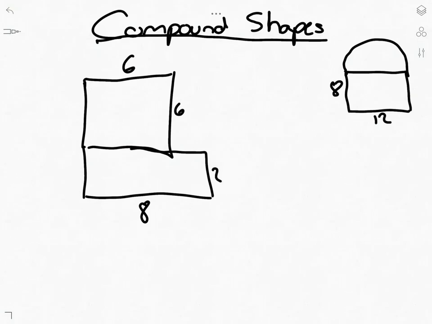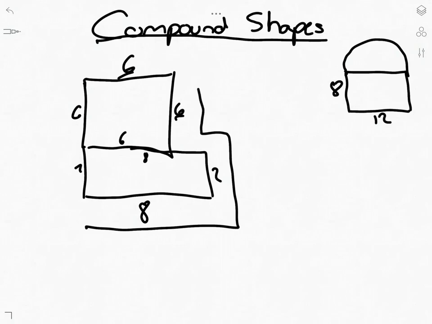If we wanted to find the perimeter here, some people would do 6 add 6, add 6, add 6, add 6, add 2, add 8, add 8, add 2. But that wouldn't be quite right because we want the distance all the way around the outside, which is this way, like this. But you see we're missing this middle bit.